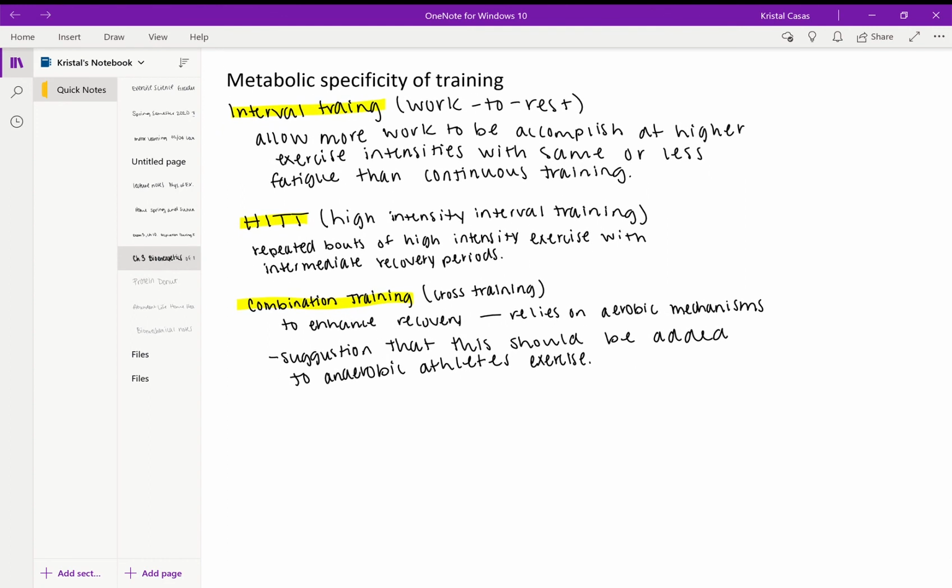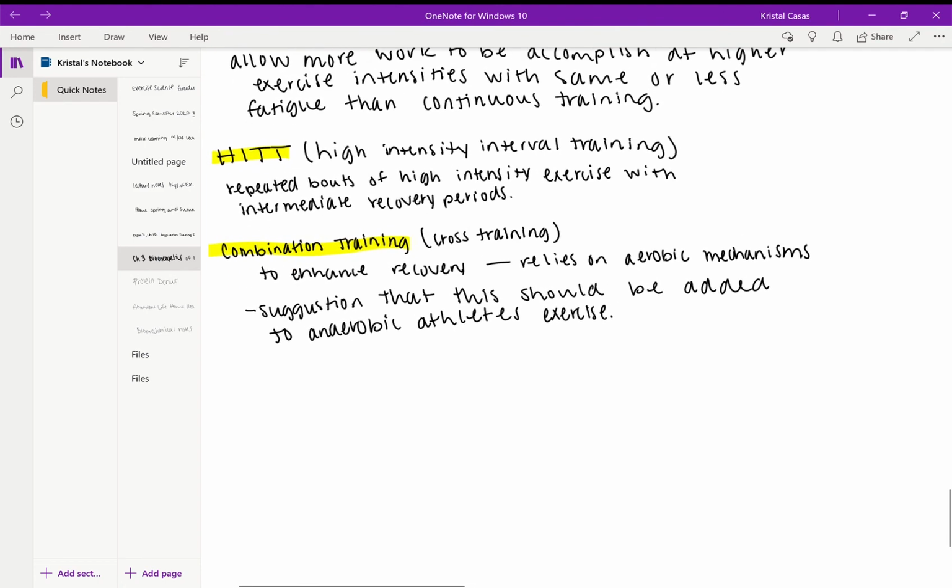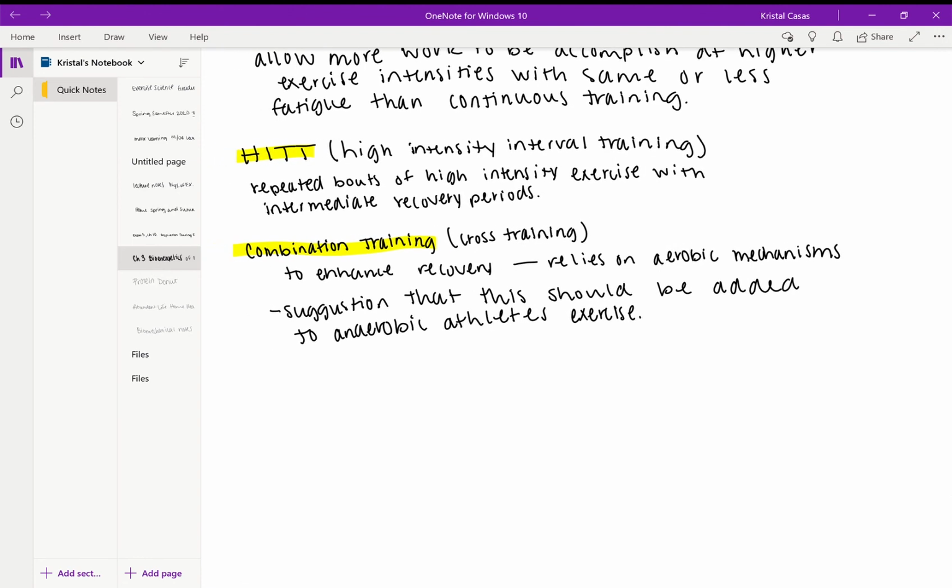It's repeated bouts of high intensity exercise with intermediate recovery periods. And then lastly, we have combination training, also known as cross training, and it is to enhance recovery, and it does rely on the aerobic mechanisms. It is suggested that this could be added to an anaerobic athlete's exercise.